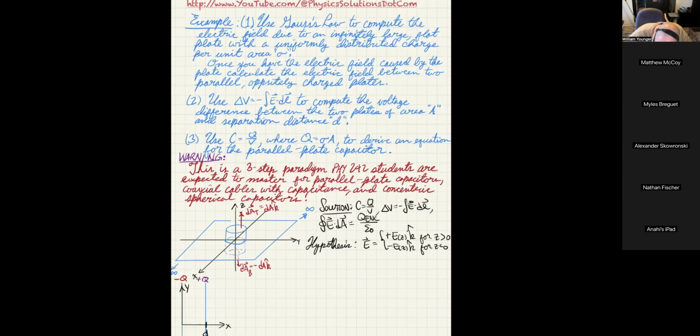And then this little plate right here, this little differential area element, would have a differential area element dA sub SL equal to dA times r cylindrical hat. So what I'm talking about is the r that you know from polar coordinates. In three dimensions, we call polar coordinates cylindrical coordinates because the only addition is a z-axis.